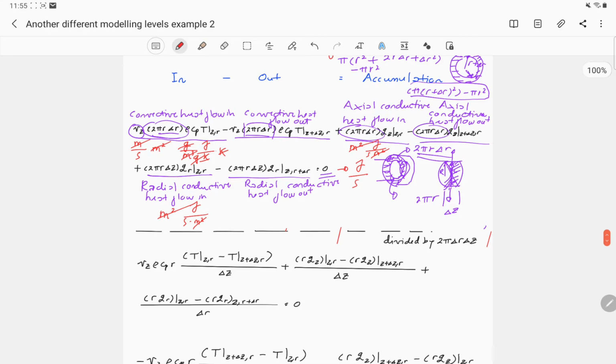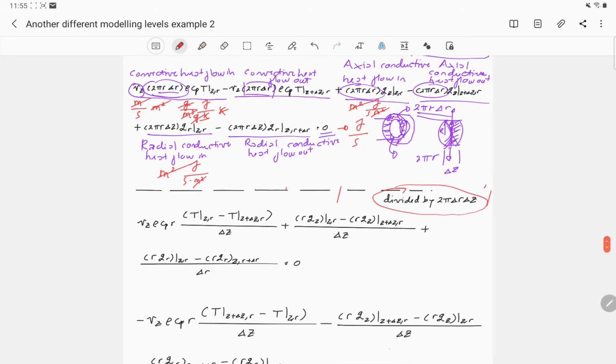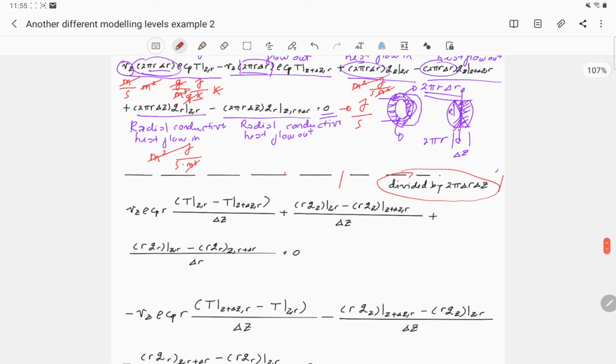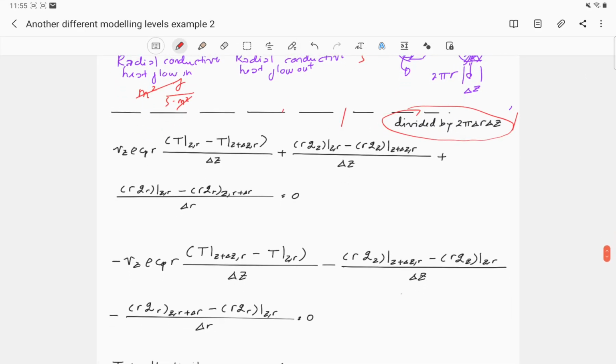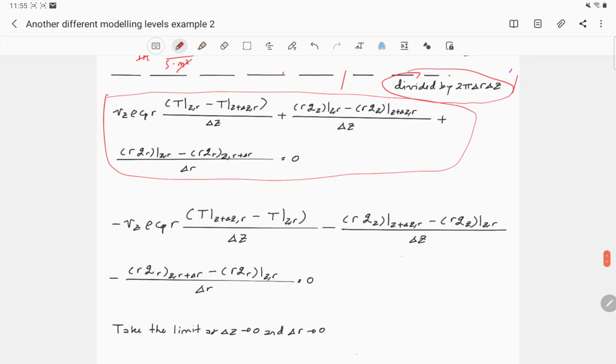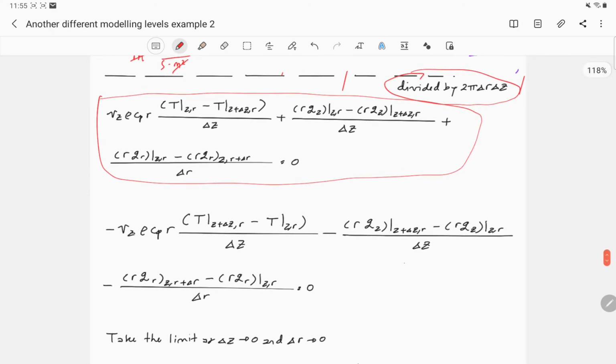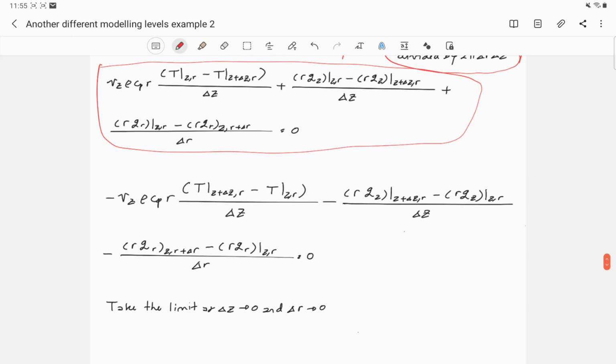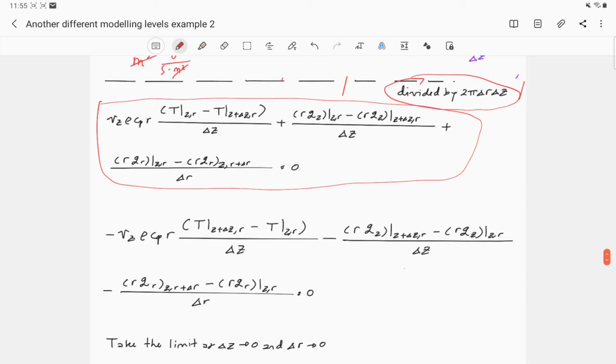Okay, so then once we continue with that, we can divide that particular term in there by 2 pi delta r delta z, and if we do so, we will end up with this particular term in here, and then we can simply get this particular term in here.